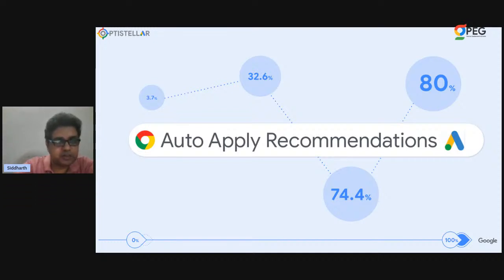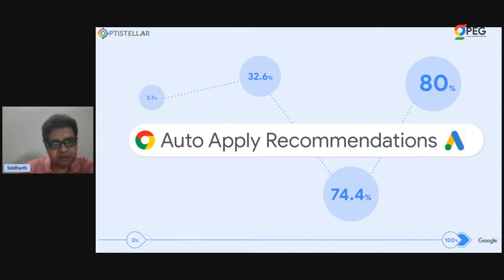All right. So now we're going to talk about and discuss auto apply recommendations. Like Varun has already set the stage in terms of explaining what optimization score is, or what some of the product features with respect to optimization score are, how optimization score as a tool can help advertisers like you to improve your efficiency, save your time, and provide more time and focus to more strategic initiatives, like you mentioned.